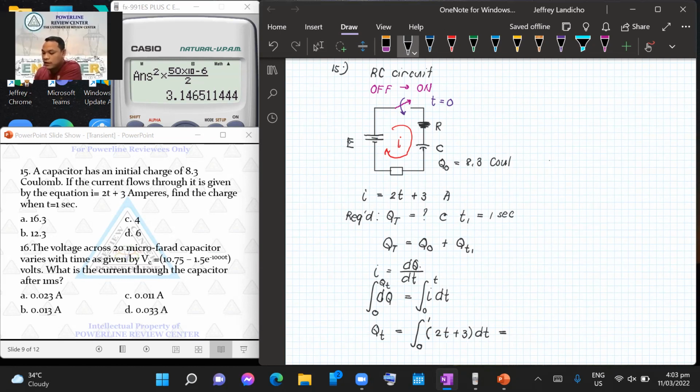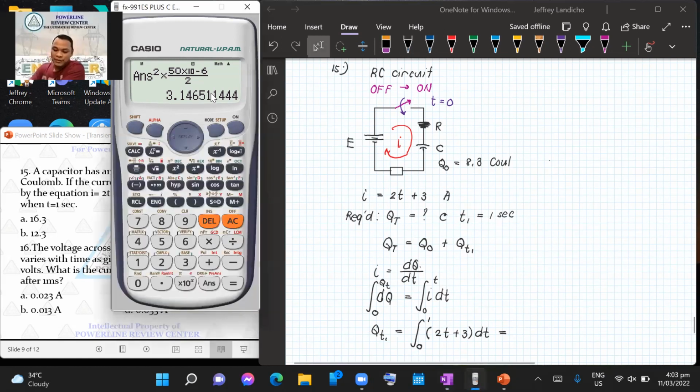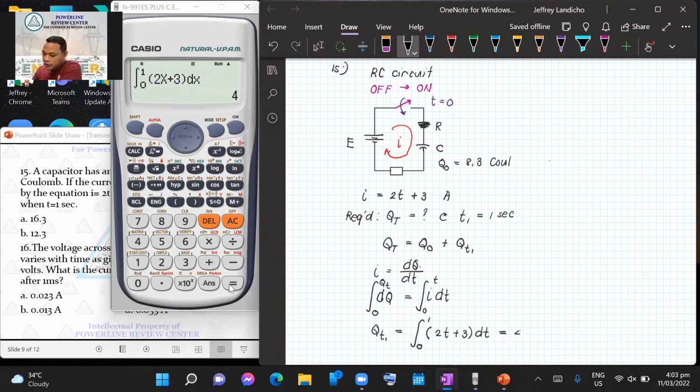So, kuha natin what would be the corresponding charge it gained after 1 seconds. So, pwede natin ipasok sa integration, t squared plus 3t, limit is from 0 up to 1. So, after 1 seconds, it gained an additional 4 coulombs.